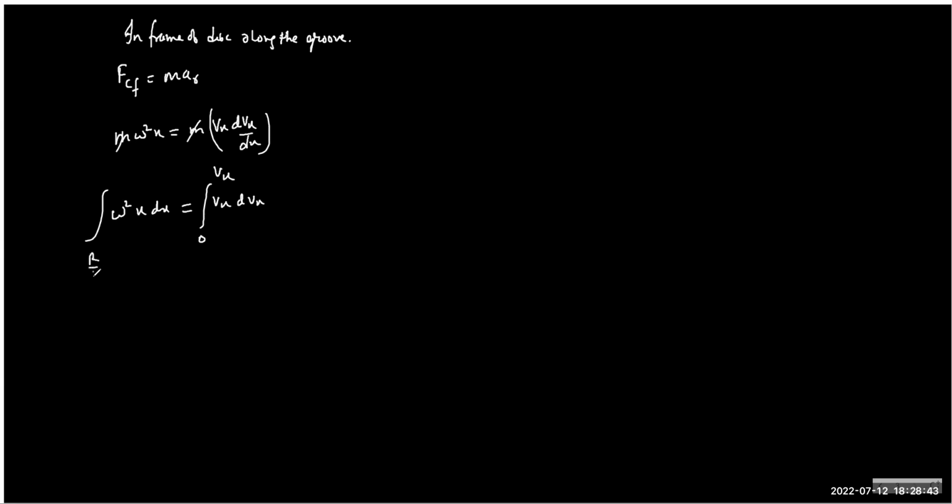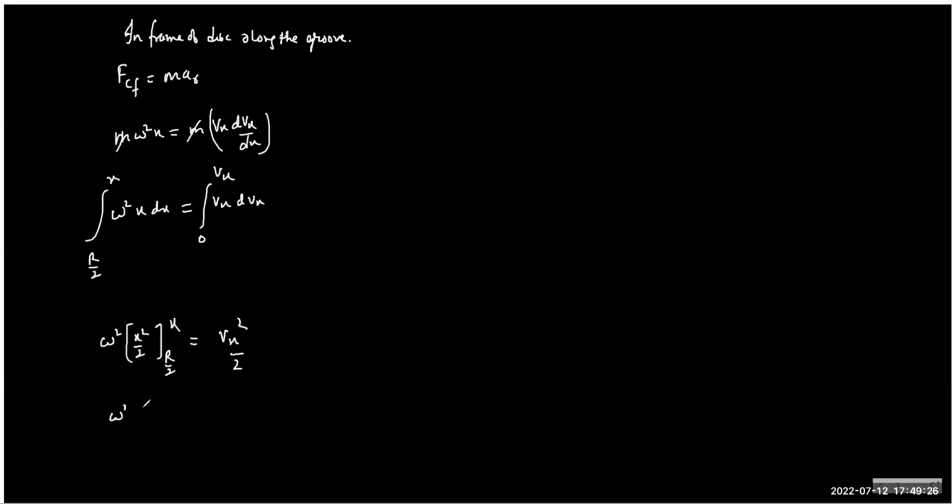So this is from R by 2 to, in general, let's say x. So this will give you how much? Omega square x square by 2, from R by 2 to x. And vx square by 2, well, initially 0.